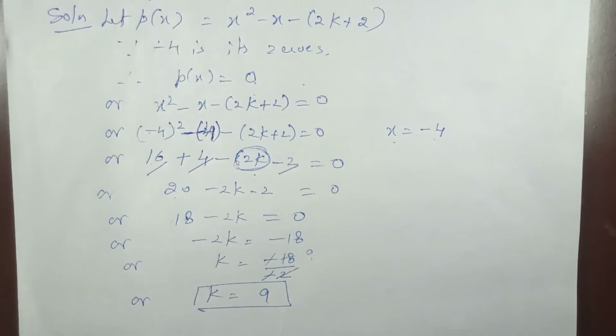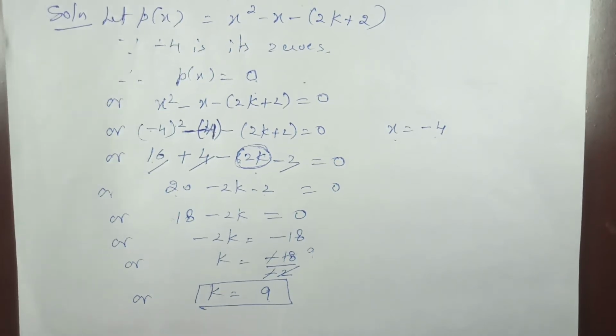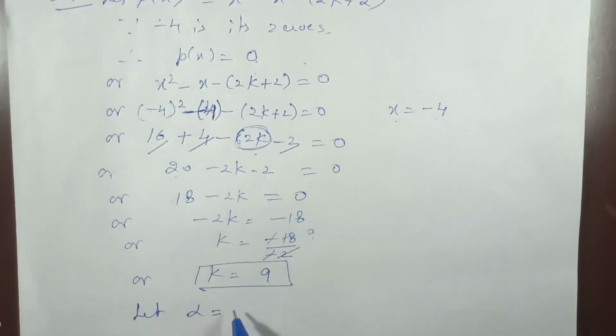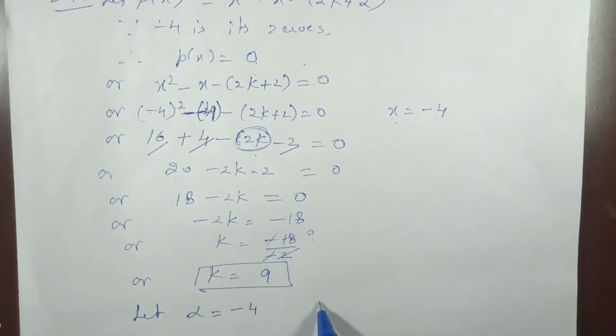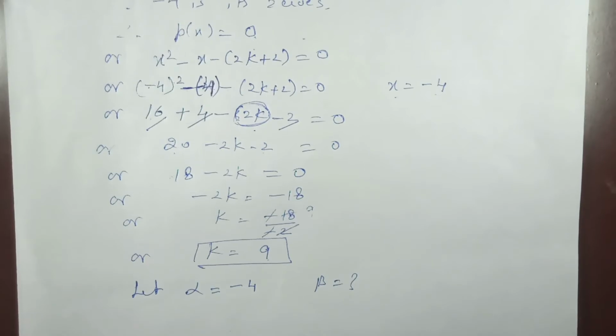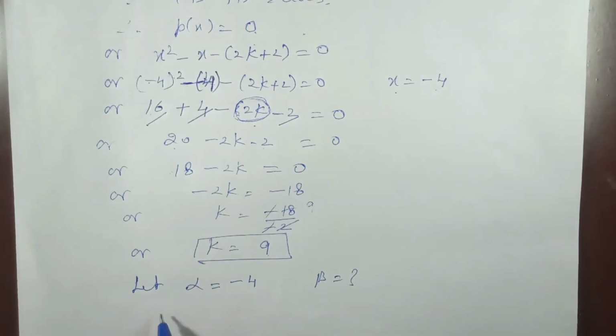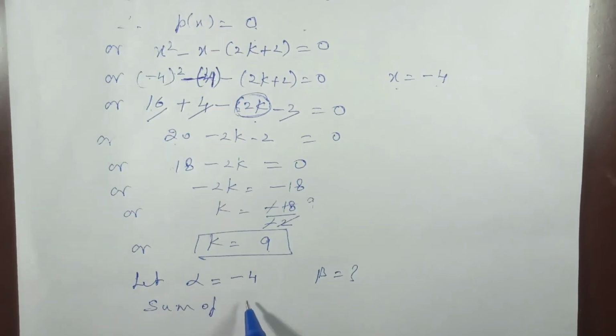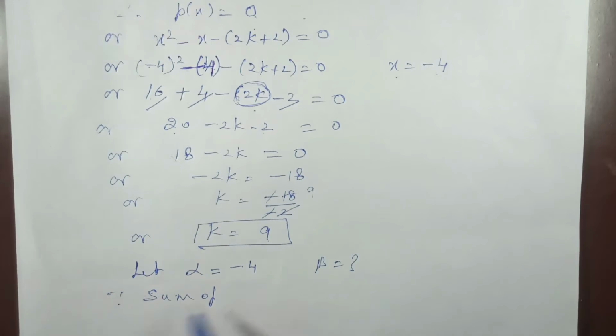Now how are we going to find the other zero? We know that one of the zeros is given, let alpha be equal to minus 4, and beta we have to find. We know the relation between the zeros and coefficients, that we're going to use. The sum of zeros is equal to minus b by a.